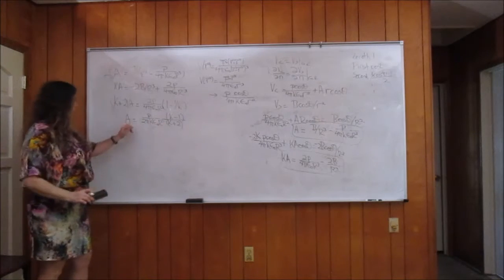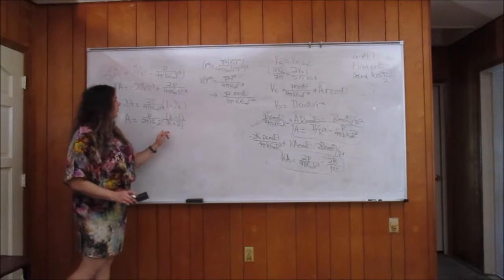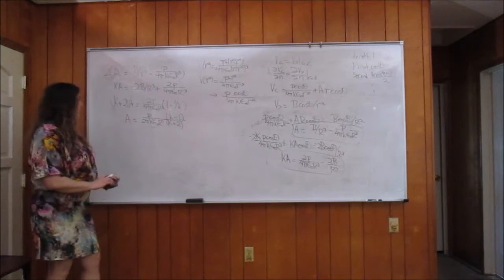And therefore the coefficient A is equal to P over 2 pi k epsilon naught radius of the sphere cubed times k minus 1 over k plus 2.